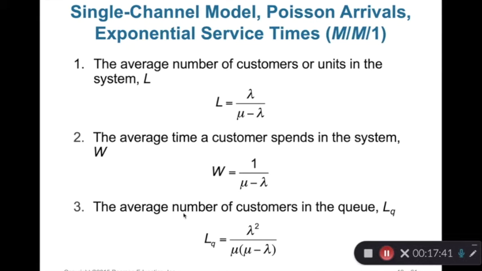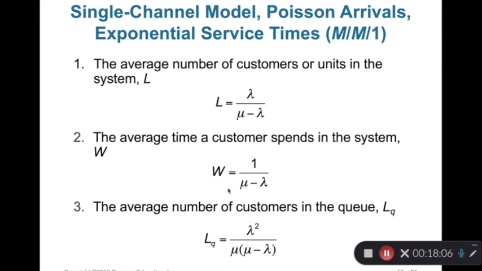The average number of customers in the queue, Lq. Now you may notice this L, this is the Lq. So this is for the system. The system includes the queue and service. But for the queue, we just look at the queue. So the queue is one of the parts of the system.